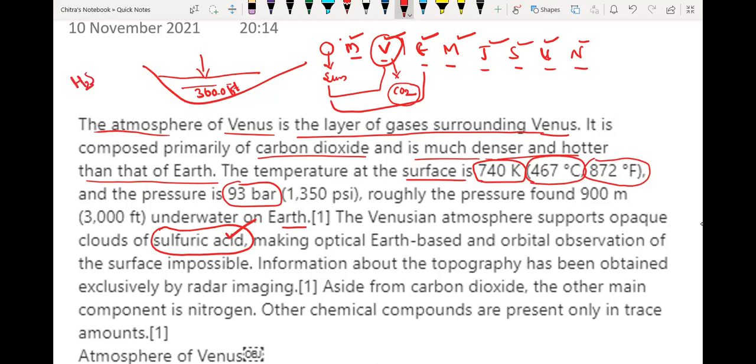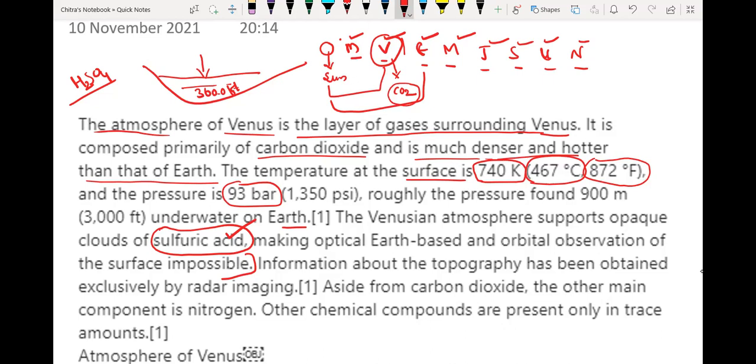It is a sulfuric acid cloud, making optical Earth-based and orbital observation of the surface impossible. It is not transparent. It forms a blackish cloudy atmosphere all over Venus. That's why observing the surface of Venus from the Earth or from space is very difficult.